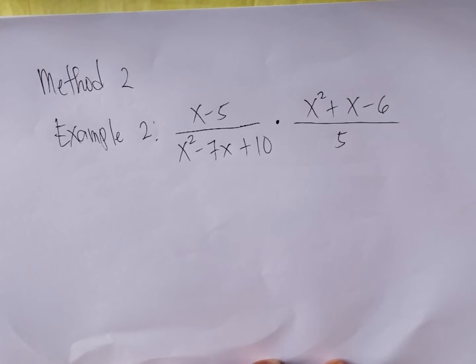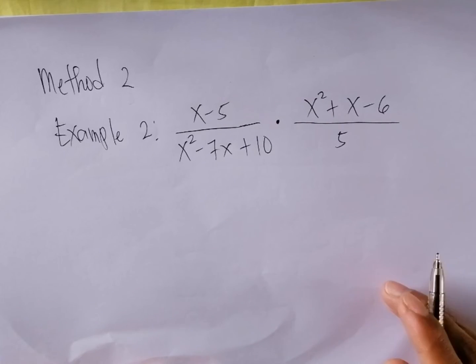Next method, method 2, example number 2. For method 2, divide out the greatest common monomial factor before multiplying. So we have x minus 5 all over x squared minus 7x plus 10 times x squared plus x minus 6 all over 5.